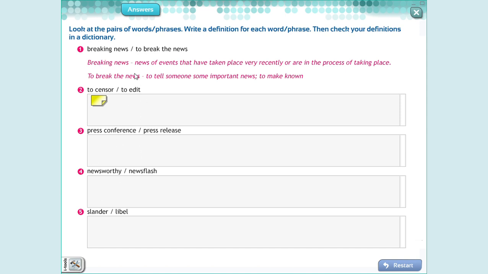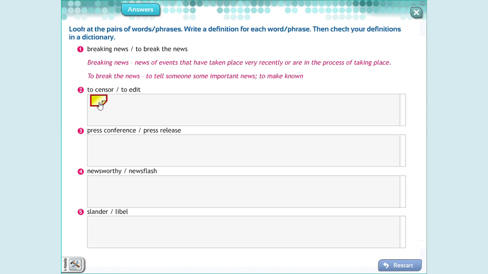For example, we have breaking news. News of events that have taken place very recently or are in the process of taking place. To break the news. To tell someone some important news, to make known. So you have to look for these words in the dictionary. And you have to put it in the post-it in your student's book.